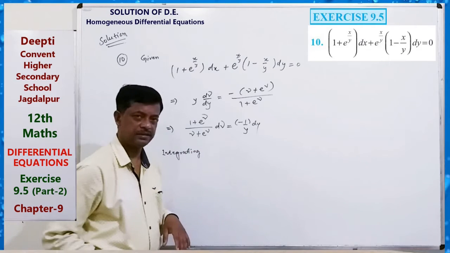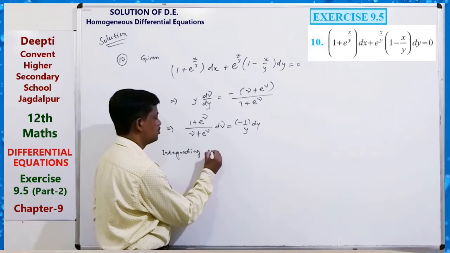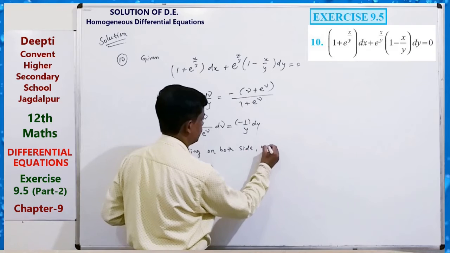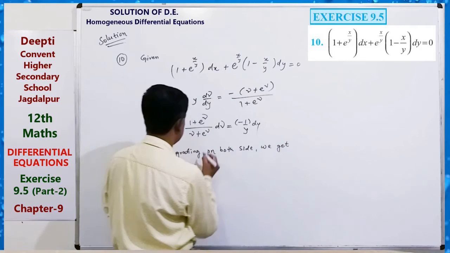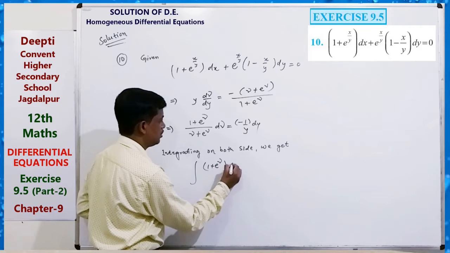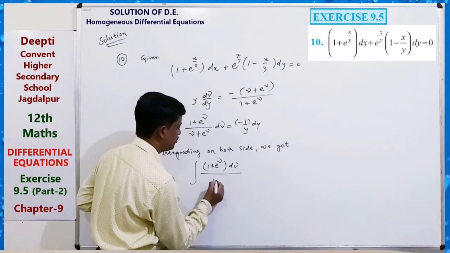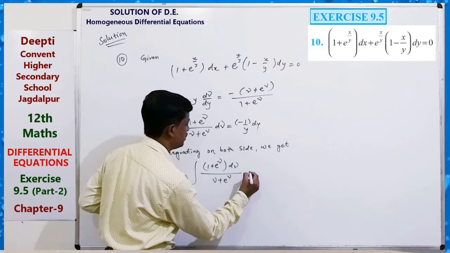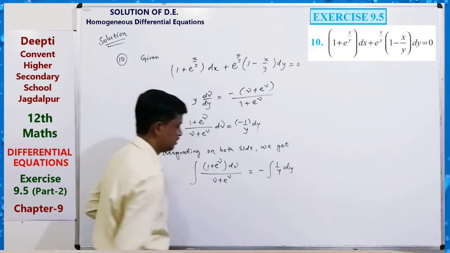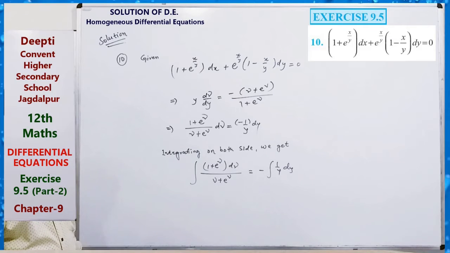So integrating on both sides, we get the integration of (1 + e^v) dv / (v + e^v) equals minus the integration of 1/y dy. Clear?